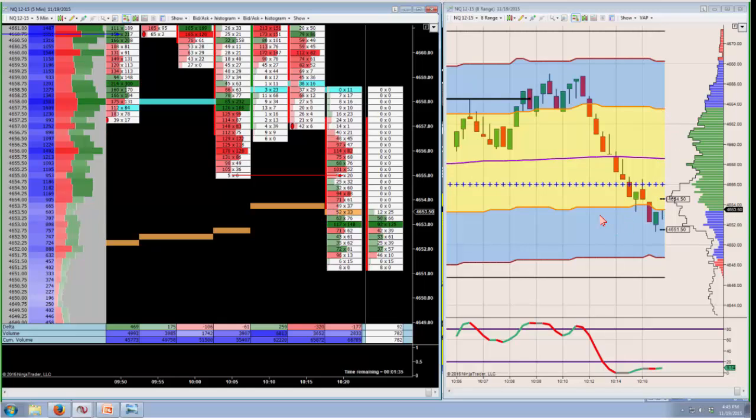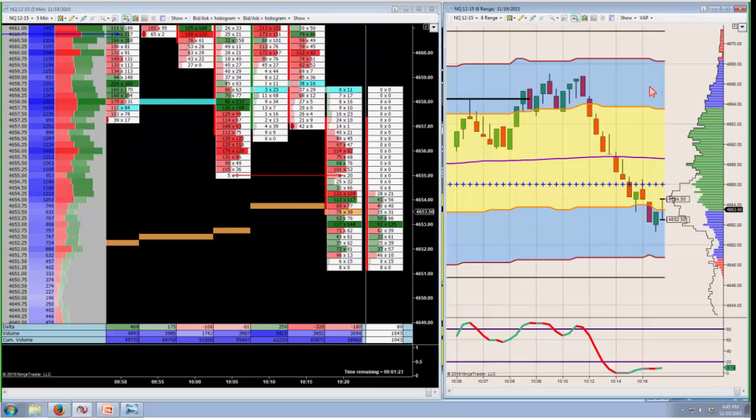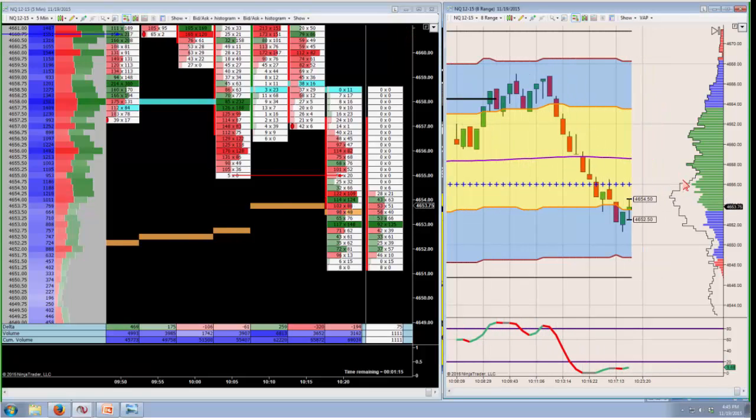What I want to show you here is, I don't think I can move this chart over. Can I? Yes, I can. I wasn't sure with the replay if I was going to be able to show you this, but you can see here our cumulative volume. So this is telling us that this is probably an area where we're going to get stuck.